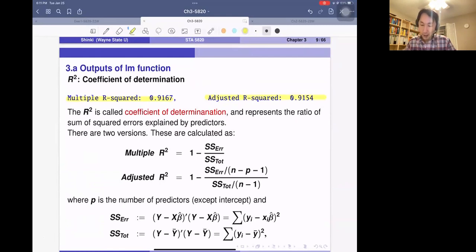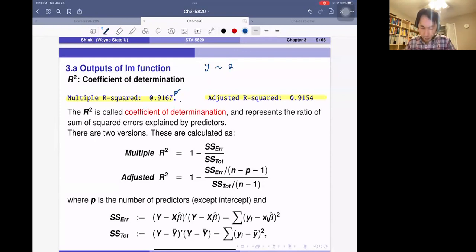So that means basically the predictor explains 91.67% of variation in y. Y has variation, so we explain y by x, and if x explains 91.67% of the variation in y, then multiple R squared is 0.9167.